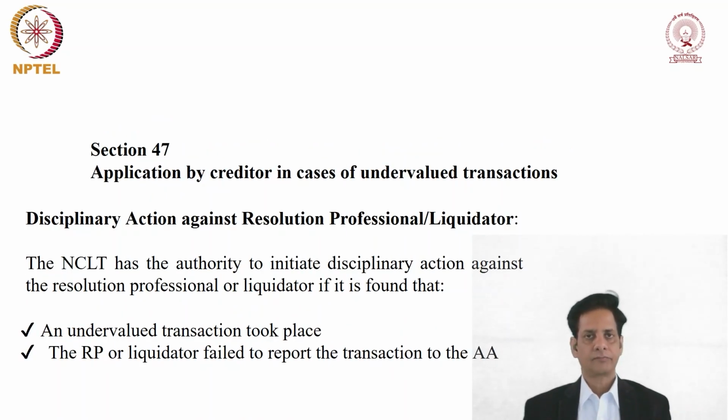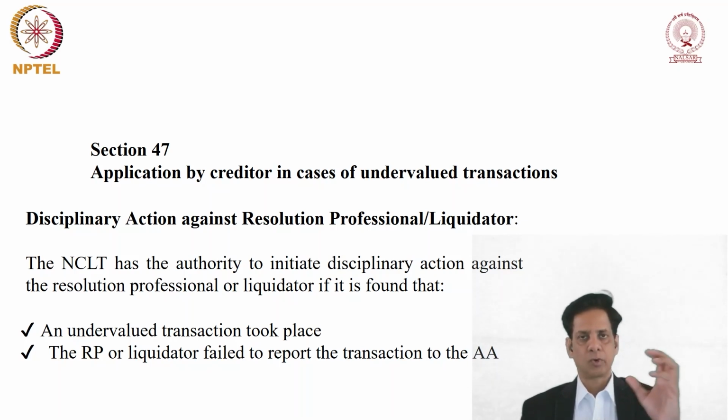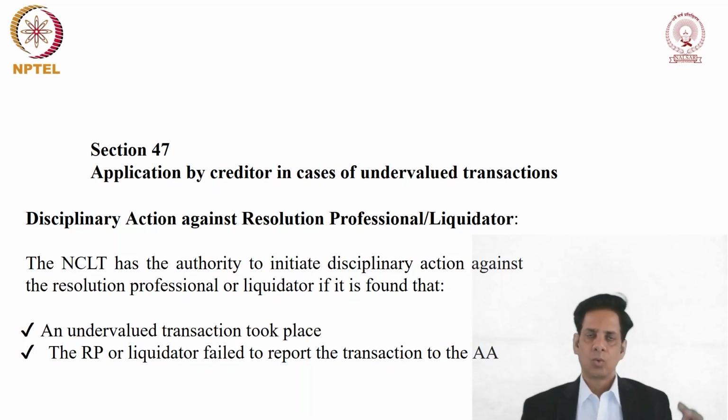Now, apart from the consequence of such a transaction or setting aside the transaction, there is also one more important aspect that you should observe. If there was an avoidable transaction which is pointed out by a creditor, what was the RP or liquidator doing? Why didn't they point out that there is a certain avoidance transaction that has occurred?